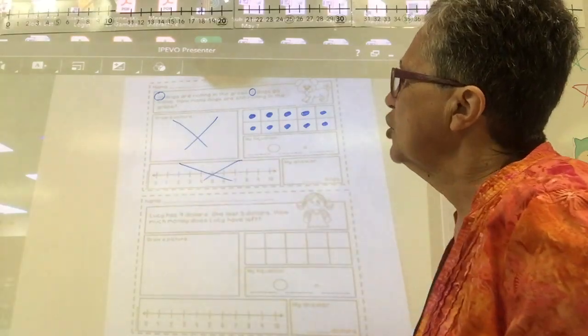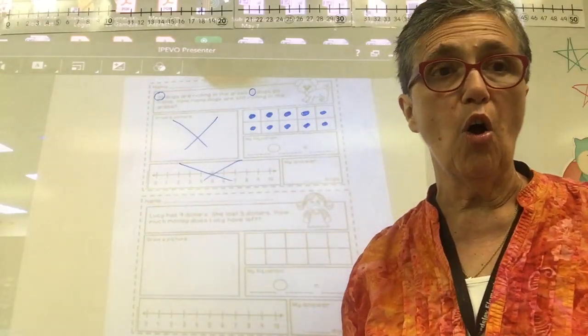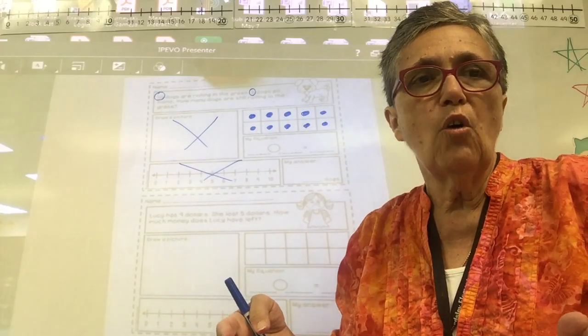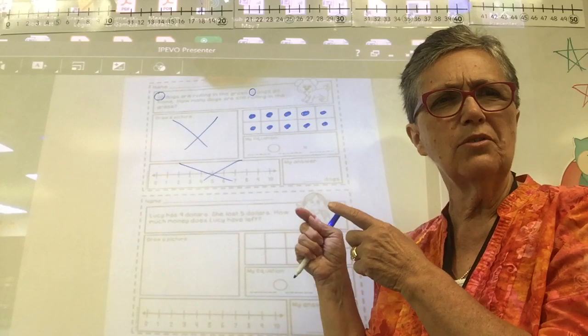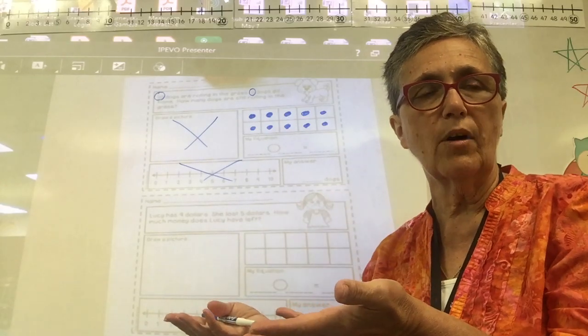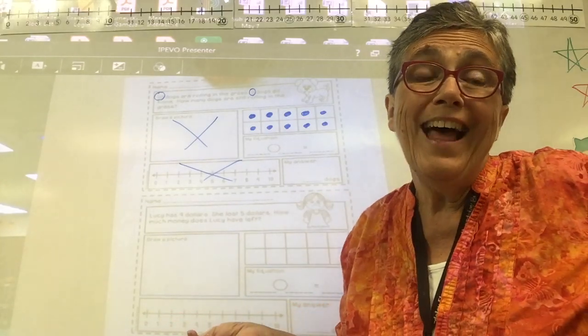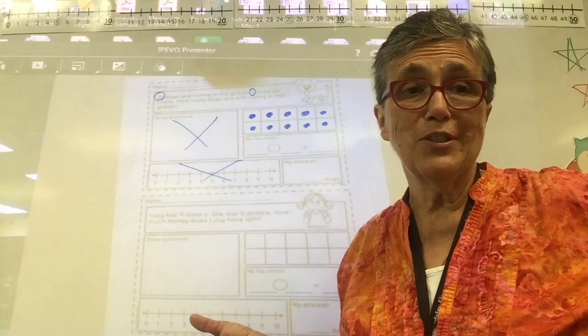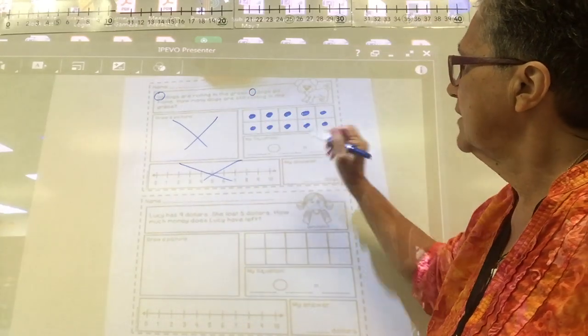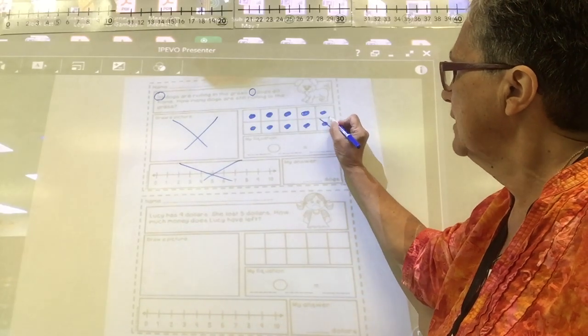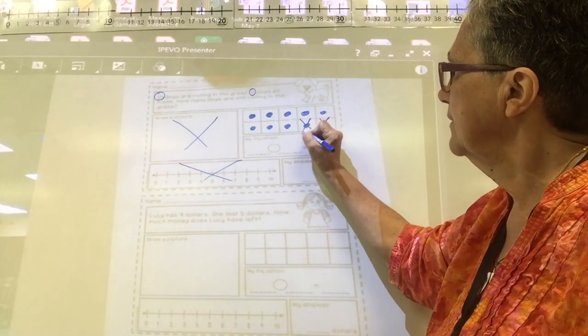Now it says 2 dogs go home. If 2 dogs go home, are we going to cross some dots out or are we going to add some more? Well, if they left, they're not there anymore, so we have to cross them out. 2 dogs go home. Cross out 2 dots.